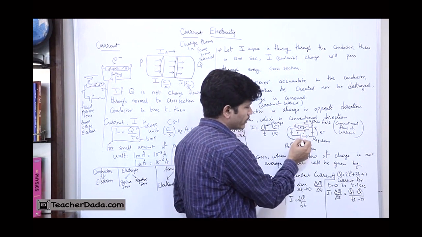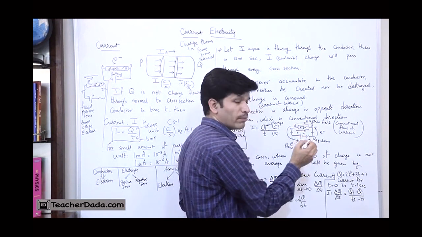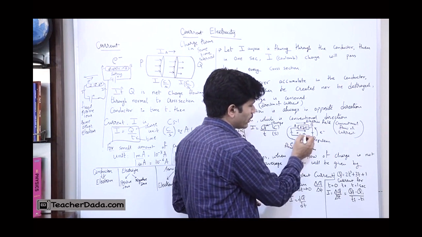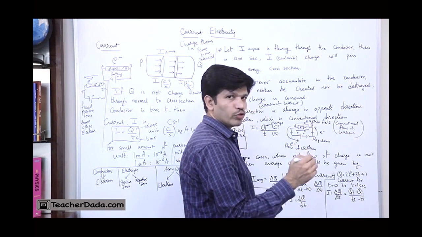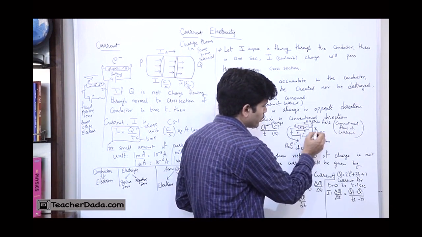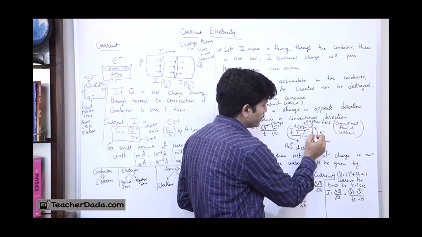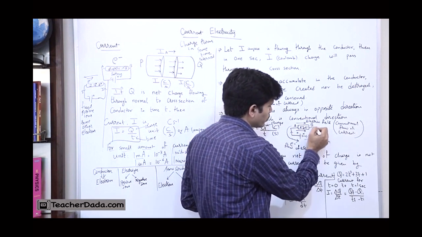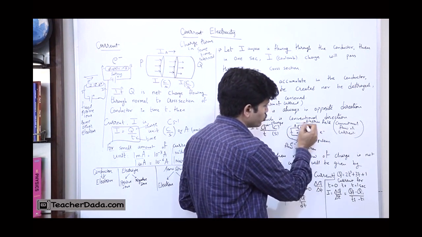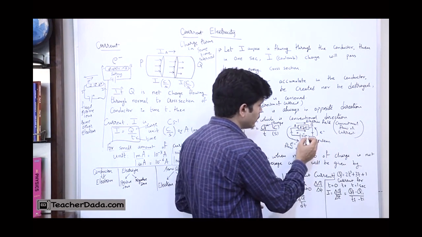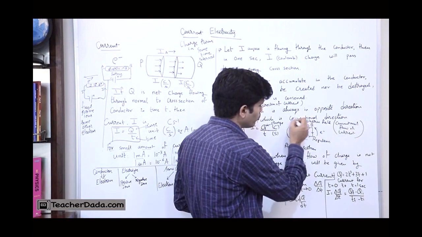When they come to the negative terminal, the negative charge of the electron and the negative charge of the battery repel each other, and due to this the direction of the electrons continues to be the same, because there is a repulsion. So again they go away from this, and hence we can say that the electrons flow from negative to positive terminal.